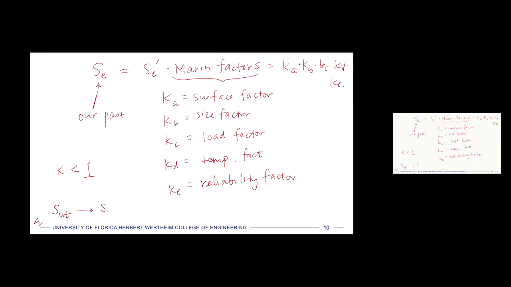You would calculate Se prime from that, and you could recreate your fatigue curve if you wanted to. You don't have to. But if you want to see now if your part's going to be above or below this endurance limit, then you have to apply these factors. Okay. And then at the end, you are going to have an endurance limit that you can compare with the stress that is on your part.